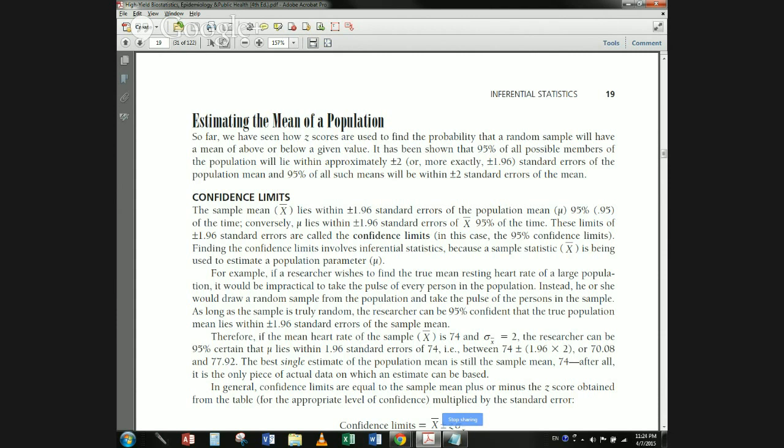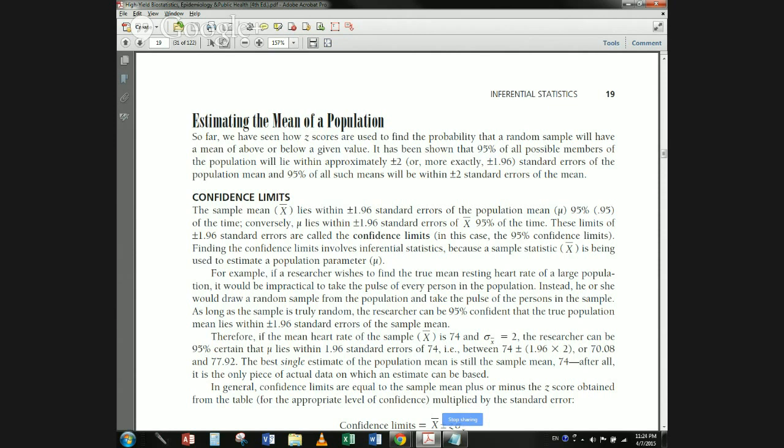Therefore, if the mean heart rate of the sample is 74 and the standard deviation of the random sample mean is equal to 2, the researcher can be 95% certain that the population mean mu lies within 1.96 standard errors of 74, which is between 74 plus or minus the product of 1.96 times 2, which would be 70.08 and 77.92.